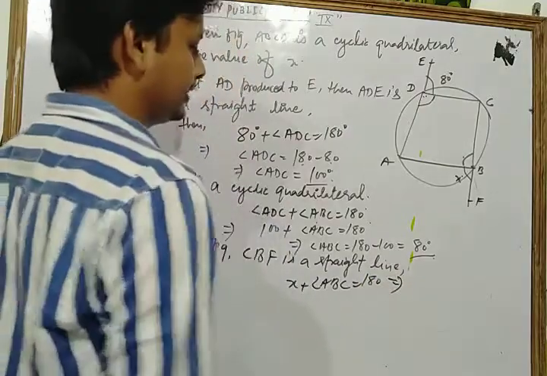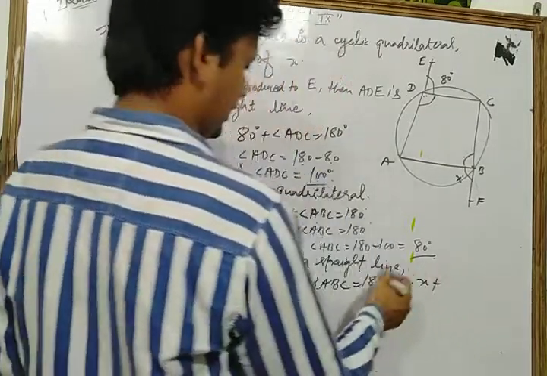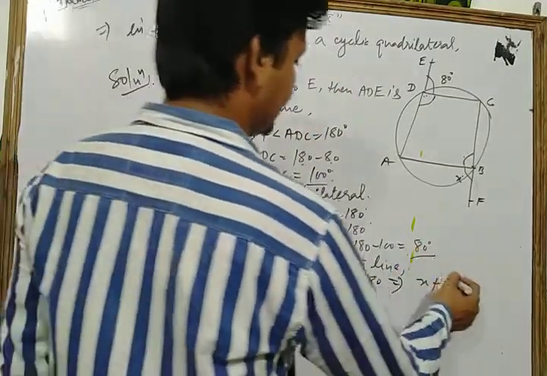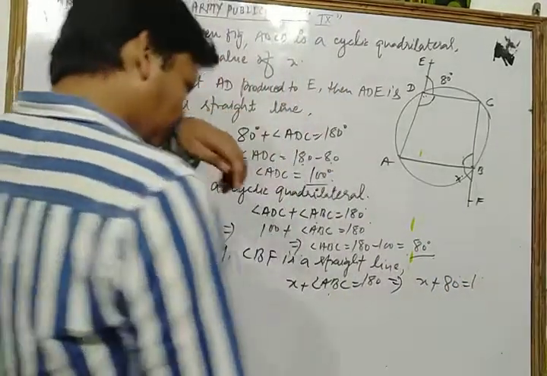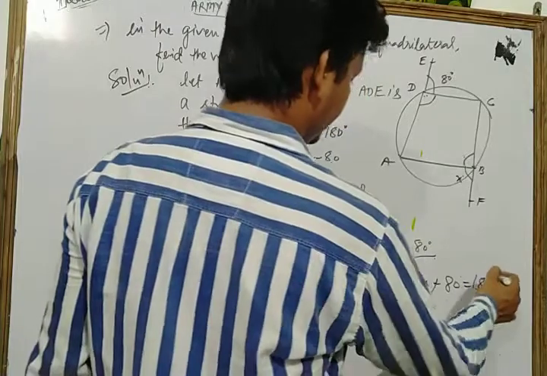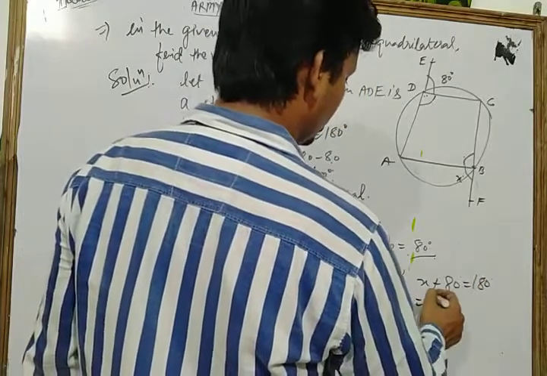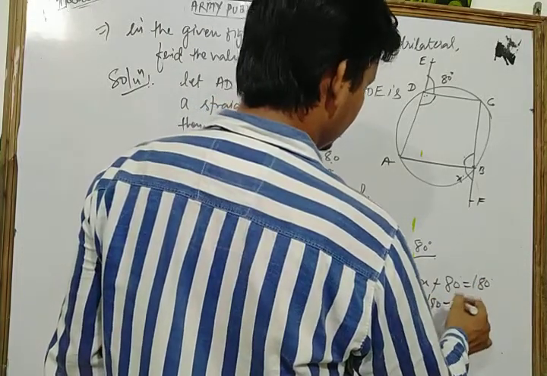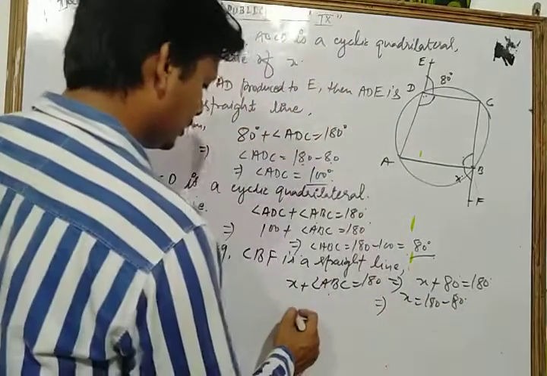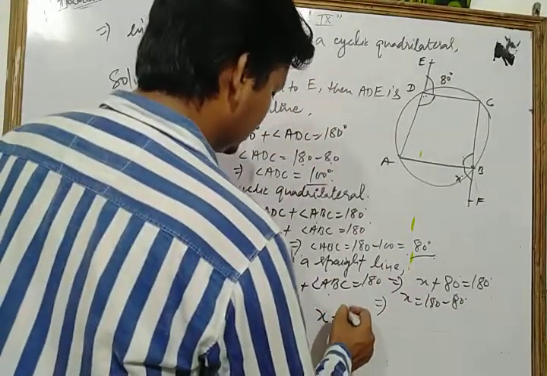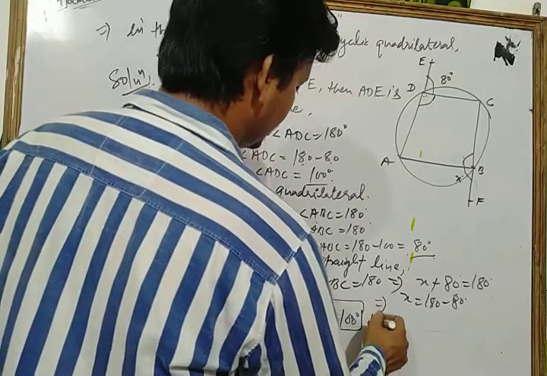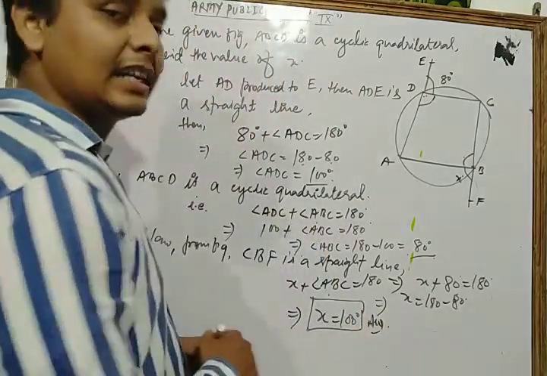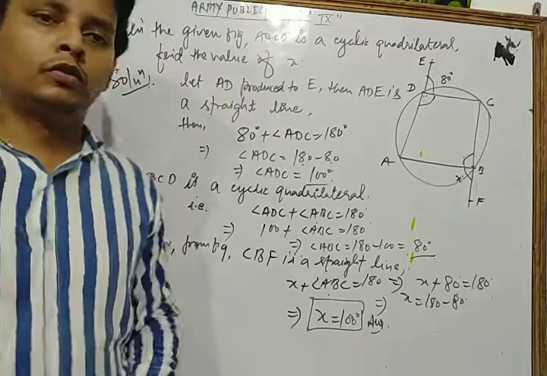So we have X plus 80 degree is equal to 180. So the value of X is equal to 180 minus 80, that is 100 degree. So in this way, dear students, we can solve that type of questions.